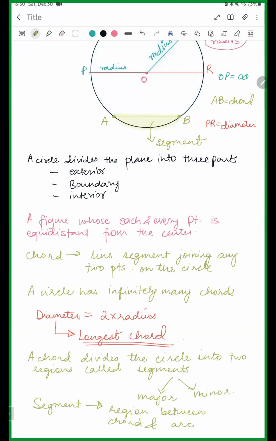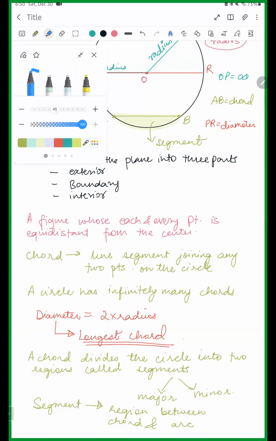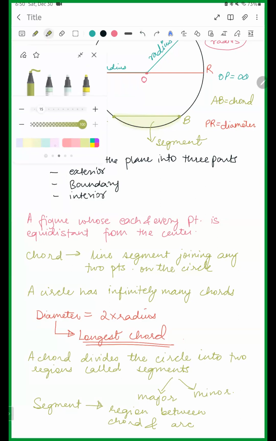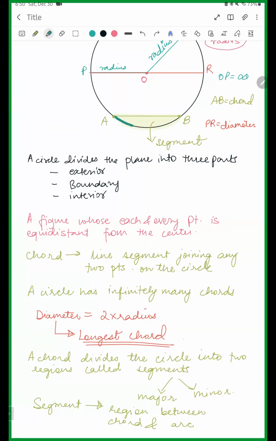If you want to talk specifically about this particular region, this is called an arc.